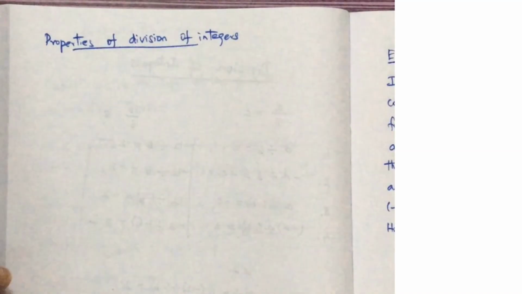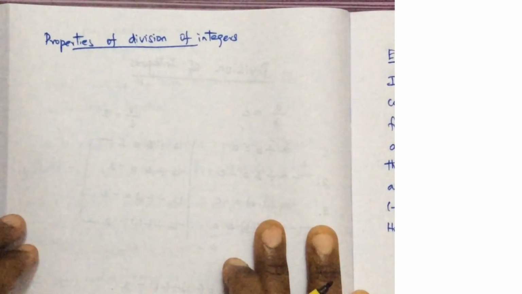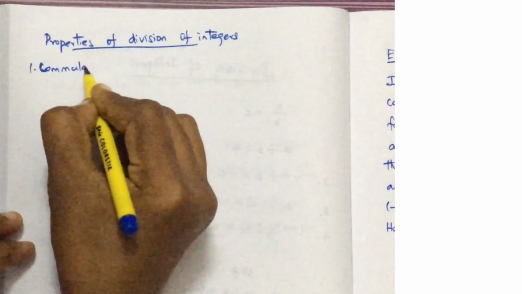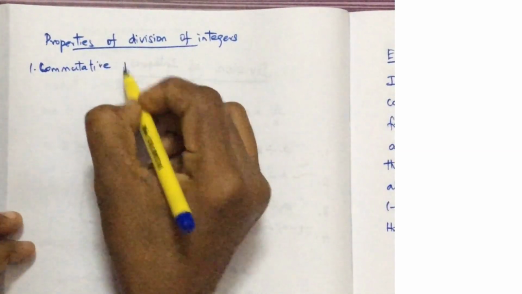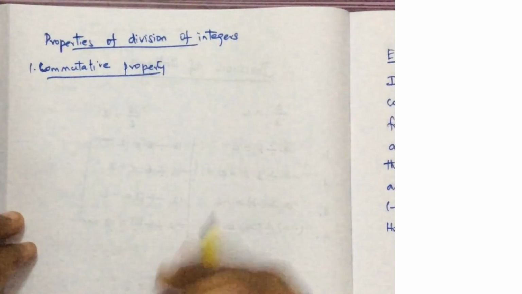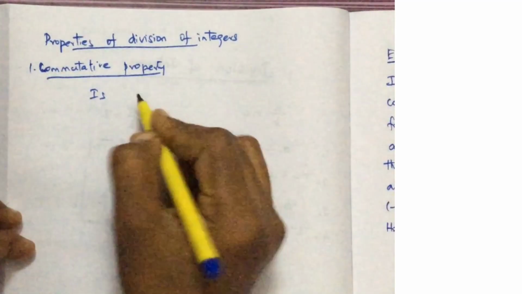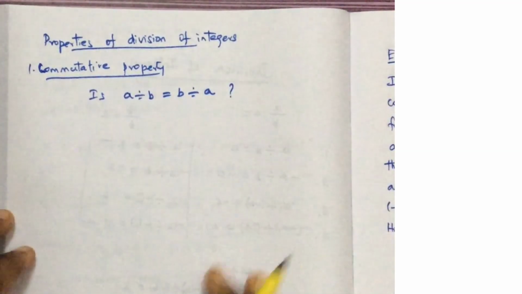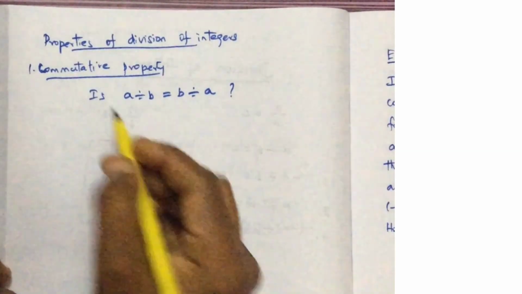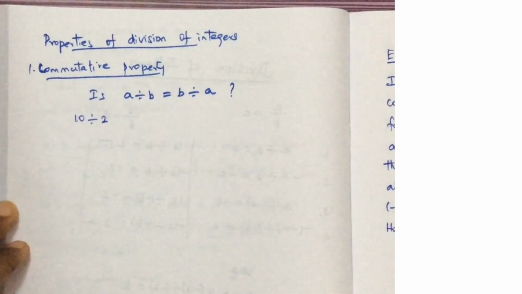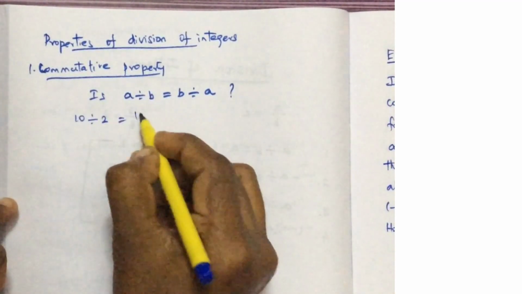Now we are going to study properties of division of integers. The first property is the commutative property. Here we have to check whether a divided by b is equal to b divided by a. We have to check whether these both are equal. Let me take an example. What is 10 divided by 2?